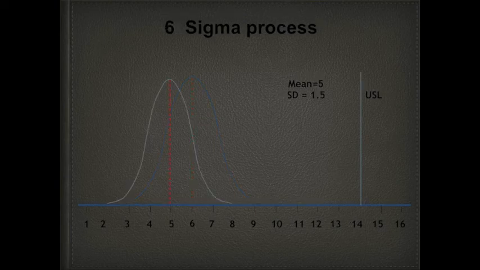Now coming to the last, what is a 6 sigma process? Here again, after some improvements, your mean level has come down. It is 5 now and your standard deviation is 1.5. The difference between mean and the upper specification limit is 9.